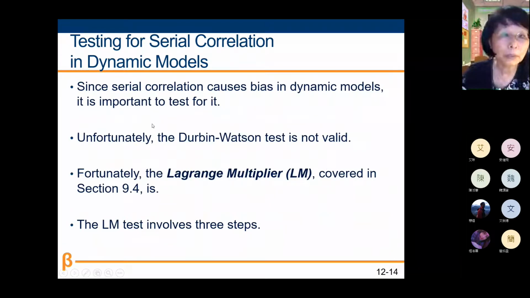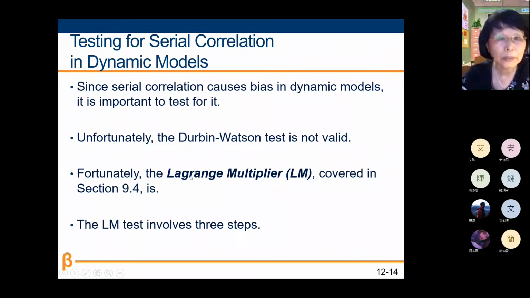So this is what I just said. Since serial correlation causes bias in dynamic models, it is important to test for it. Unfortunately, the Durbin-Watson test is not valid because of the lagged dependent variable as an independent variable.